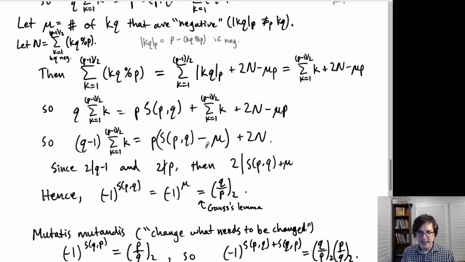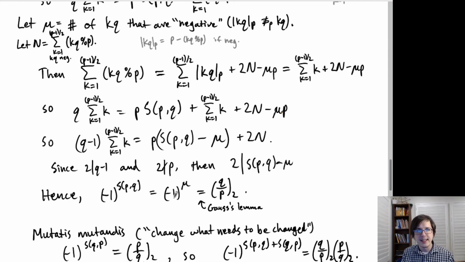The key here is that 2n is even, q minus 1 is even, p is odd, so therefore this difference is even. And so, since that difference is even, if we take minus 1 to the power of it, we get 1, but also minus 1 to the power of s_{p,q} is then equal to minus 1 to the power of mu.